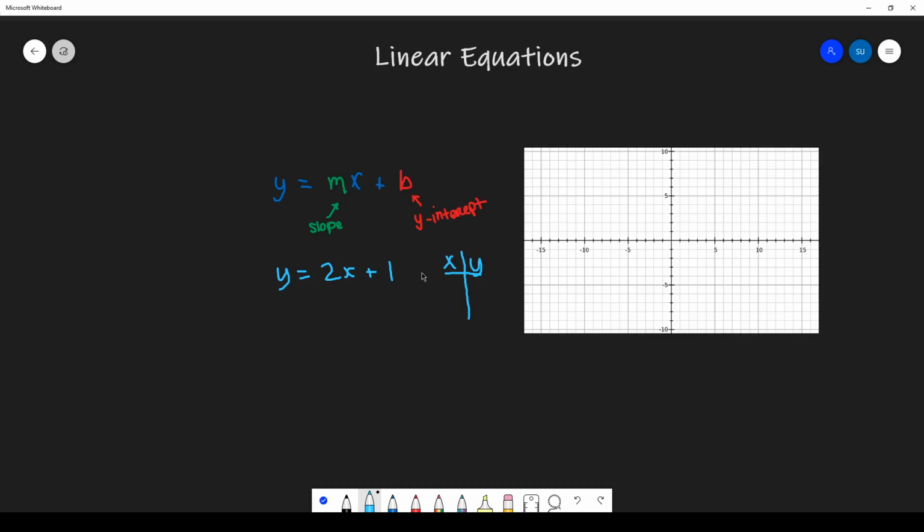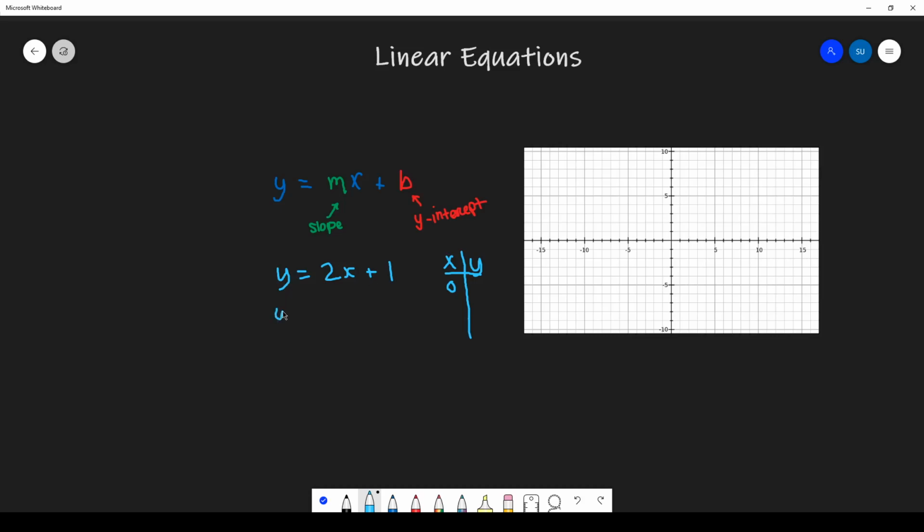So for example, let's say x were to equal 0. So plugging in 0 to this equation, you would see that 0 times 2 is equal to 0. That's our x value. And then you add that to 1, you would get 1, because 0 plus 1 is 1.